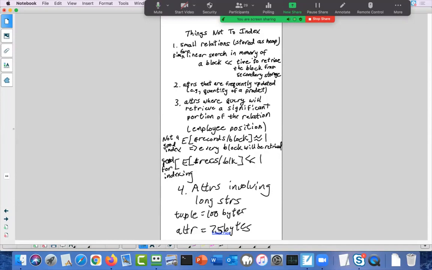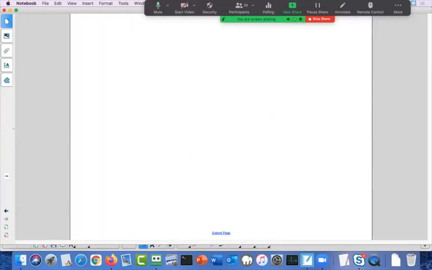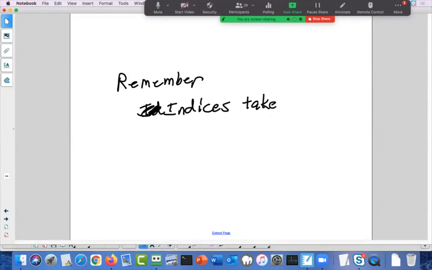So while indices improve performance, you don't want to just indiscriminately pick indices, because they still have to be updated. They still take space. So just remember, indices take space, and they must be updated.